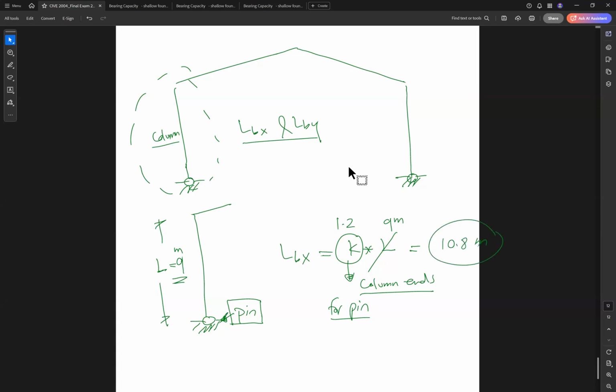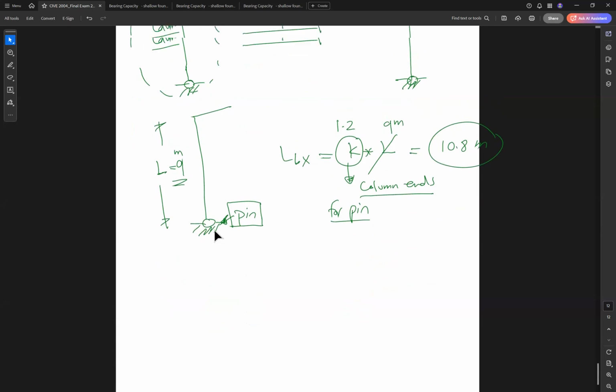If it is fixed, it will be 2.2. Is it correct or not? We reversed them, so 2.2 for bend, 1.2 for fixed.